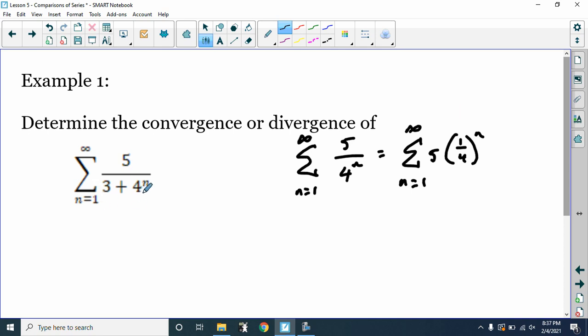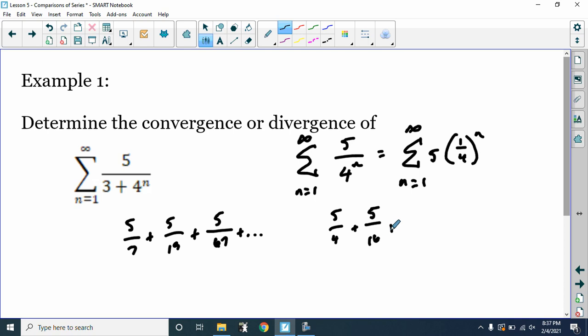So this series here, if I start plugging things in, if I plug in 1, I get 5 over 7. If I plug in 2, I get 5 over 19. Plugging in 3, 4 to the third is 64 plus 3. Plugging the same numbers into this one, I've got 5 over 4 plus 5 over 16 plus 5 over 64.